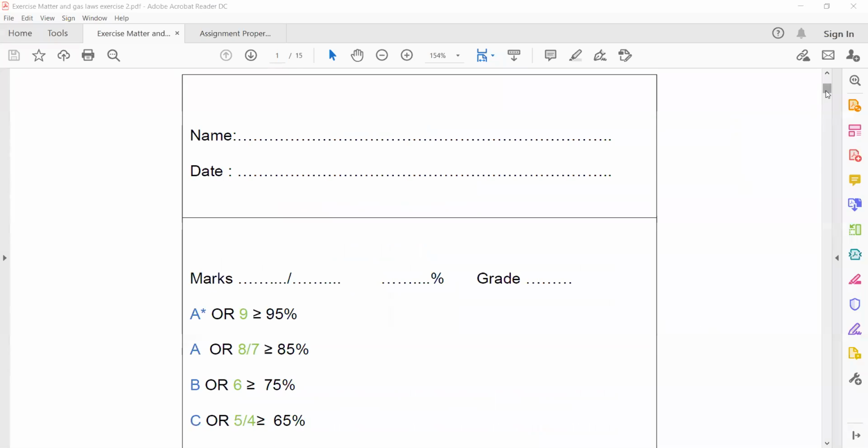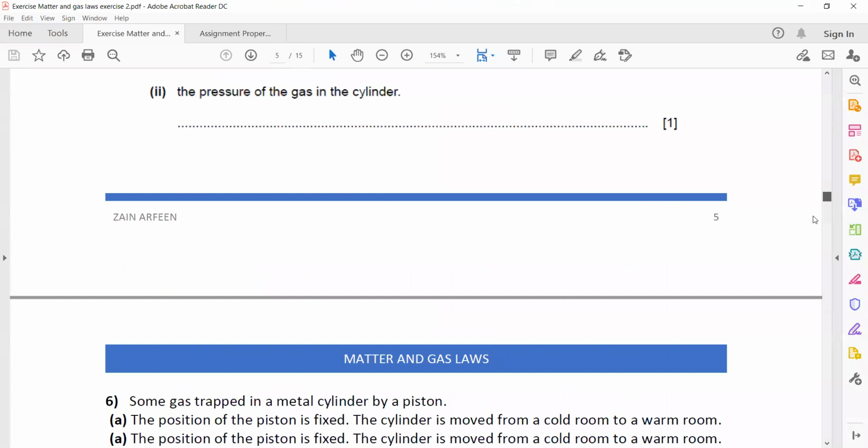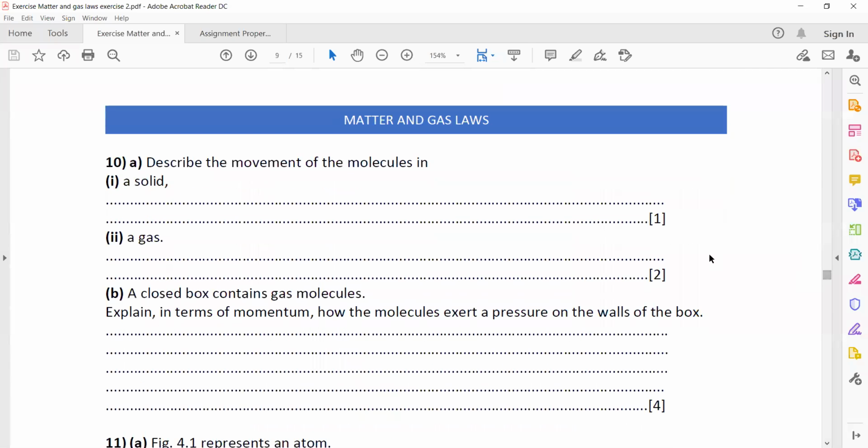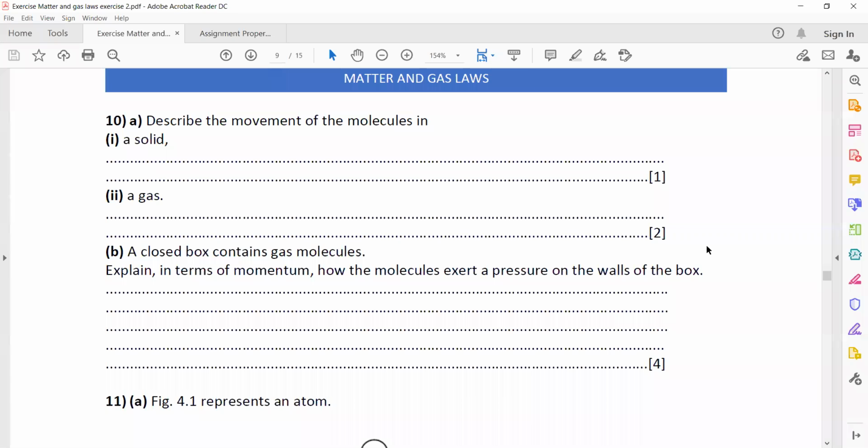Question 10. Describe the movement of the molecule in solid. So what is the movement of the molecule in solid? As we know, the particles are tightly packed together and they only vibrate.